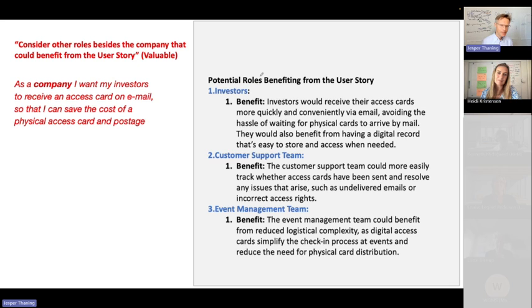Is it valuable? I also asked it to dive more into that, because valuable is an important part. What is interesting here is that it came up with different perspectives on other roles. I also asked it to consider other roles where it could be valuable. We have the investors, which are not really mentioned in the original user story.